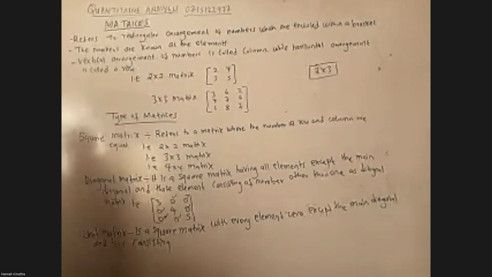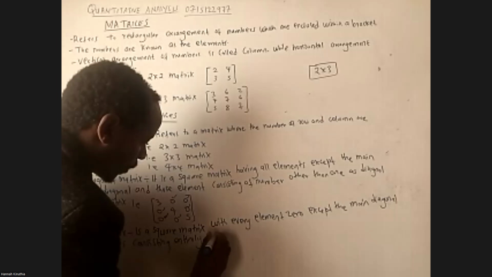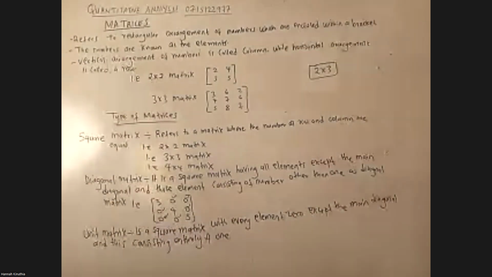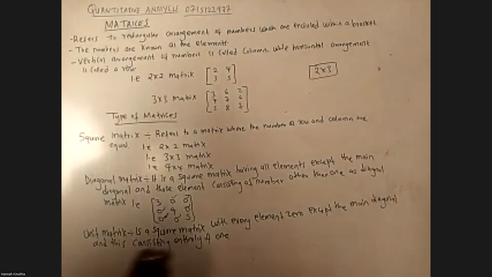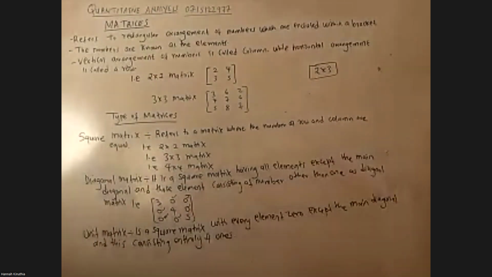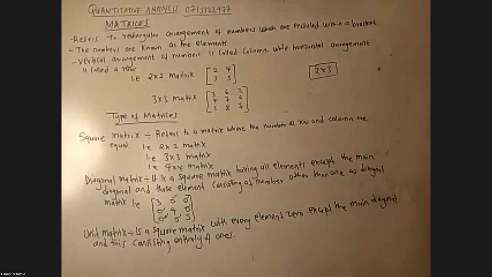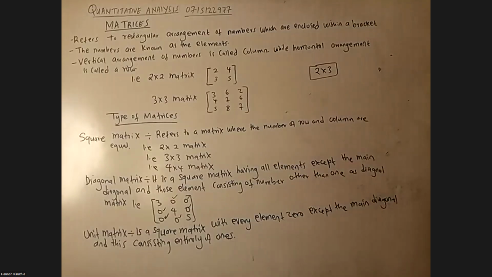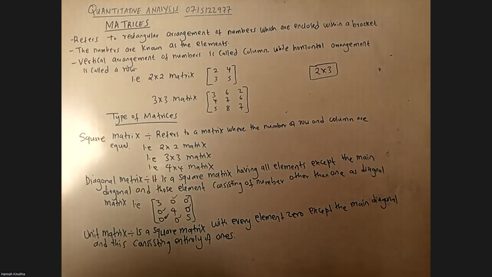That's what we call the unit matrix. The main diagonal is always equal to 1 and the other elements are equal to 0.